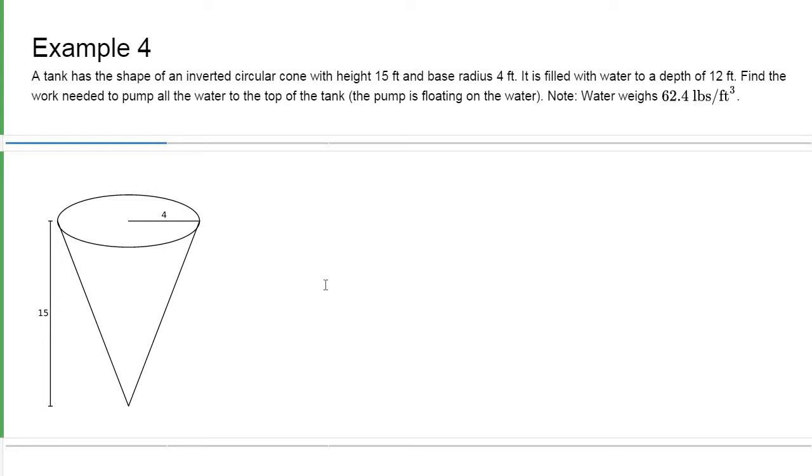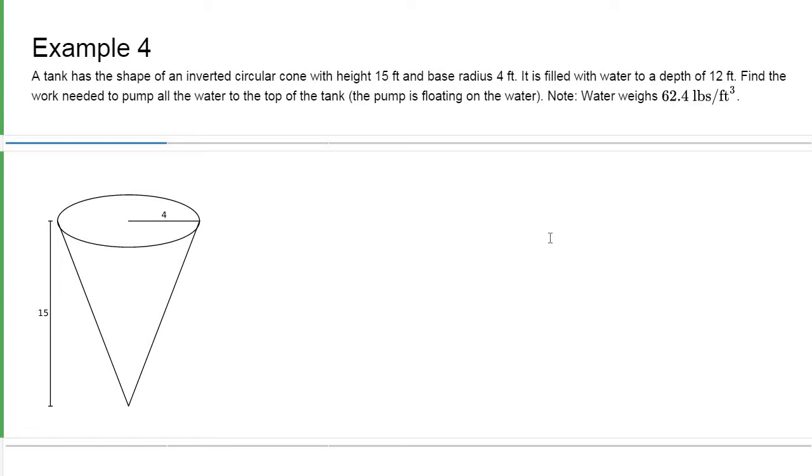Now the force also changes as you move around, because the force is provided by the weight of the water. Since this is a cone, there is more water up here at the upper levels than down here, and so the weight is more. So you have lots of weight that needs to be raised a small distance, and a little weight that needs to be raised a further distance, and we'll figure out how that's going to work out.